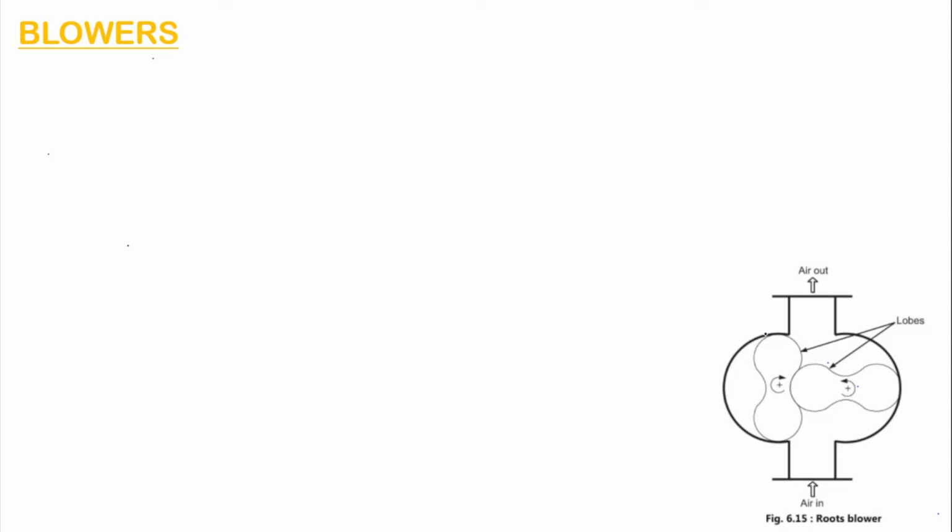Here you can see the shape of these lobes. They are made either involute, epicycloid or hypocycloid in profile, so that they meet each other correctly, without any gap.